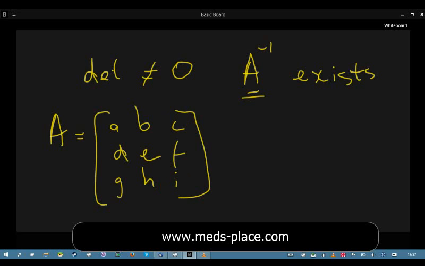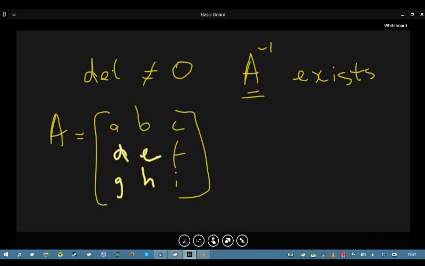Then it's c times the determinant of d, e, g, h. And you add those sums together, and if that equals 0, then there's no inverse.